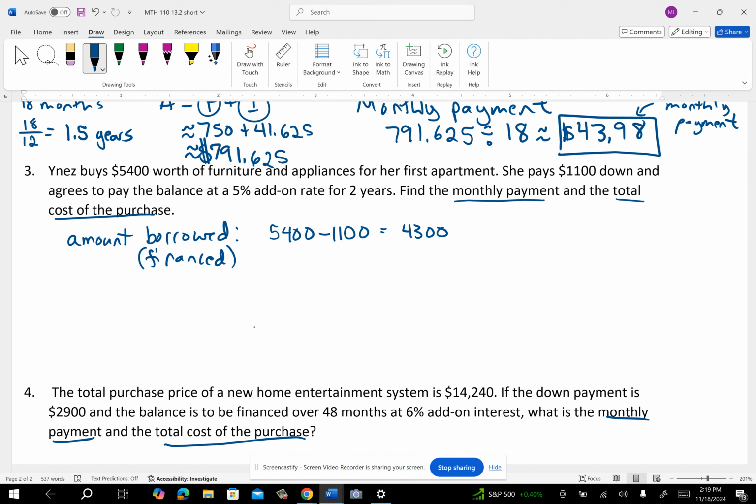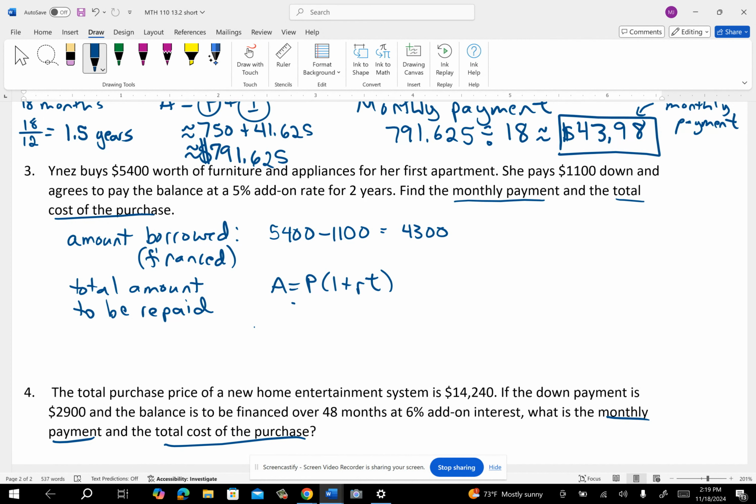Now I'm going to work towards getting the monthly payment. What I need to know is the total amount to be repaid. How much is she going to owe back at the end of those 2 years? I could calculate the interest and then add it back, or I could use this formula, A equals P times 1 plus RT, and plug in.